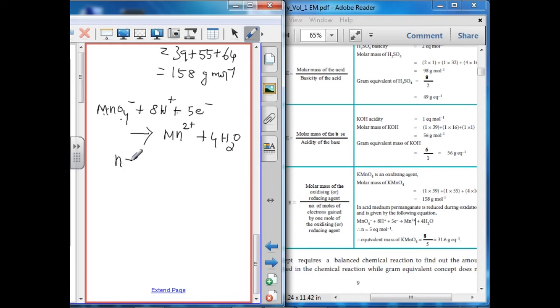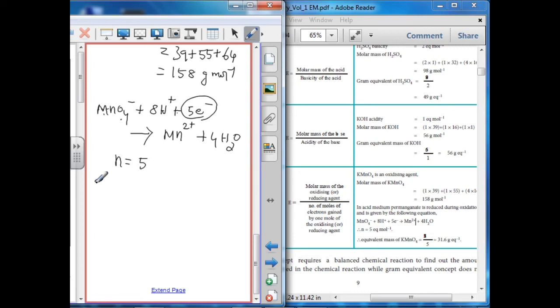So the number of electrons accepted is equal to 5. That means MnO4 minus accepts 5 electrons to form Mn2 plus.